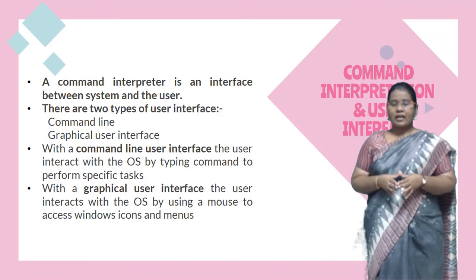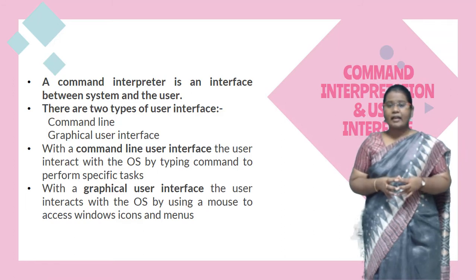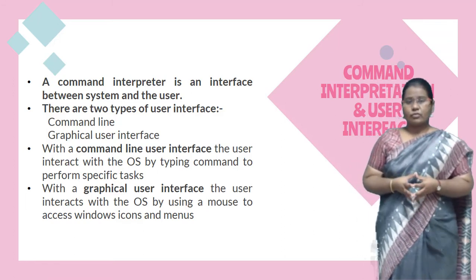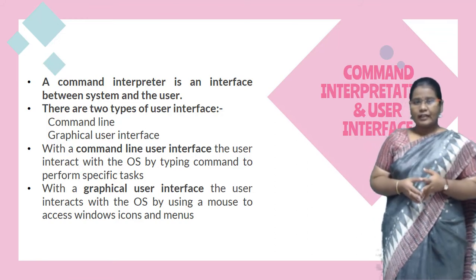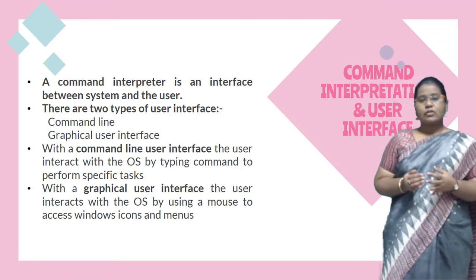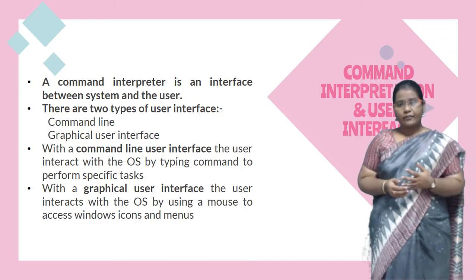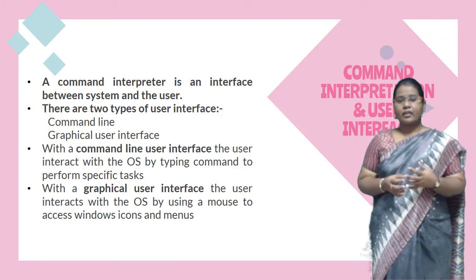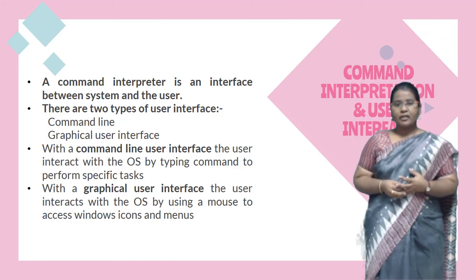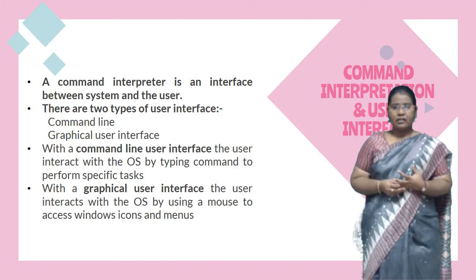In that case, the command interpretation is done by providing two interfaces to the user: one is the command line interface and the other is the graphical user interface. Through the command line interface, the operating system lets the user give commands to the computer and executes that particular command.